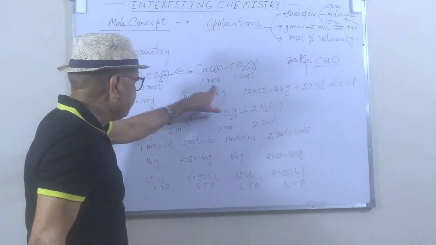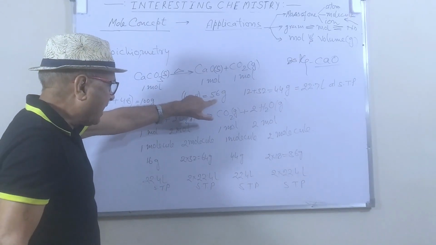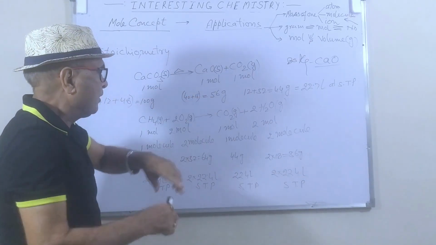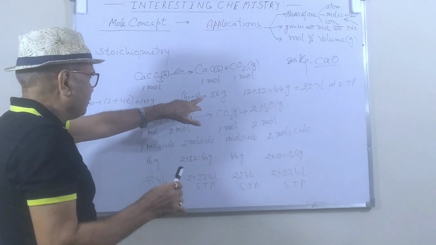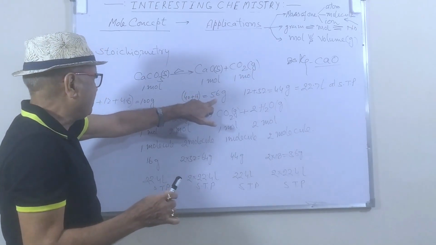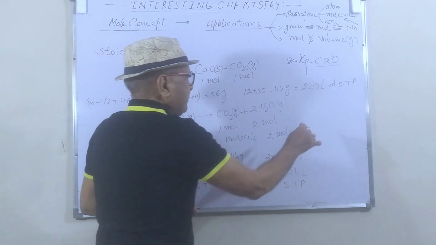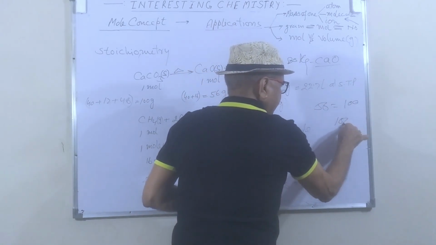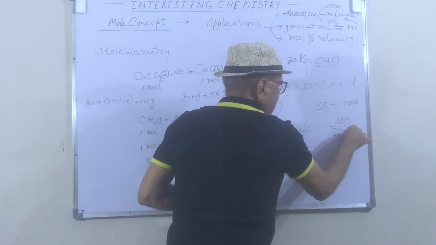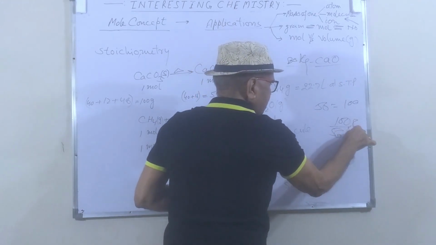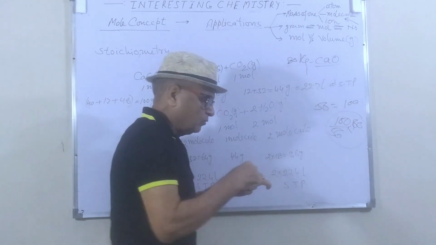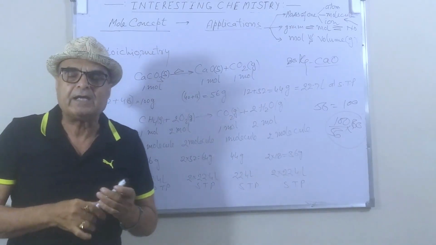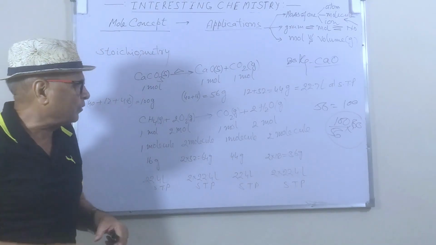This equation tells us, take it in kilograms. Here you can obtain 56 kg of CaO from 100 kg of CaCO3, so 1 kg from 100 upon 56 kg, and you require 80 kg. So you can calculate the amount of required calcium carbonate from this equation.